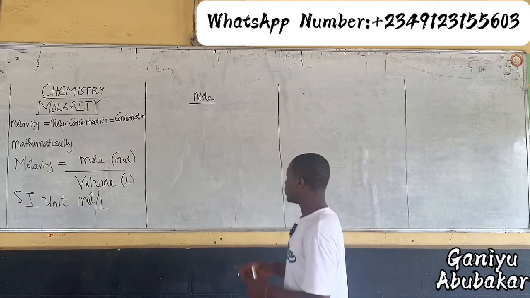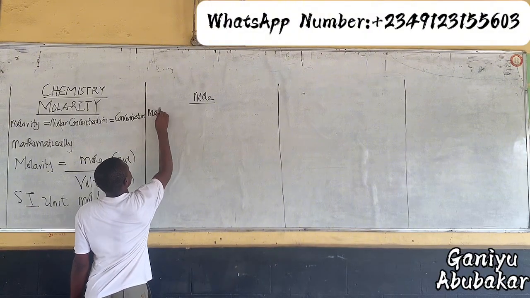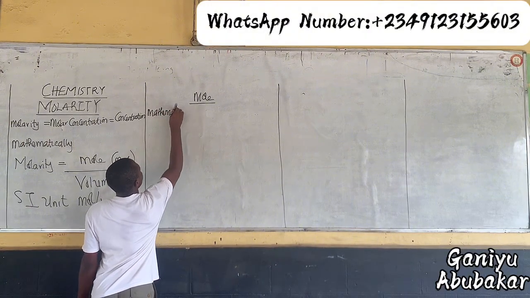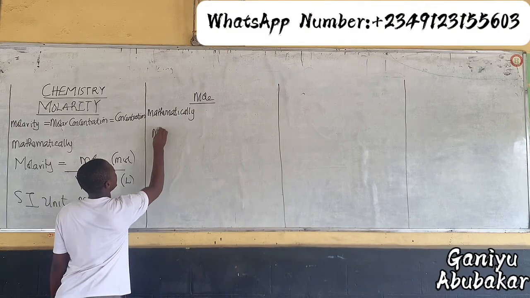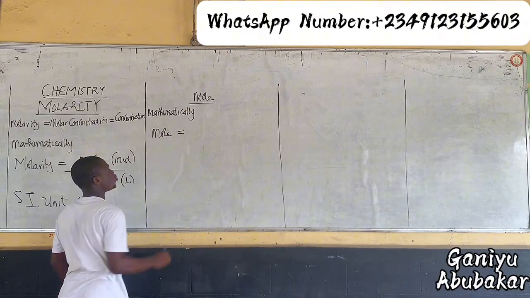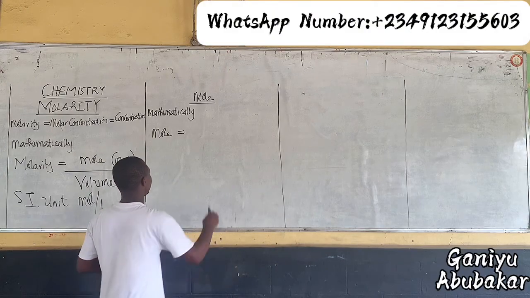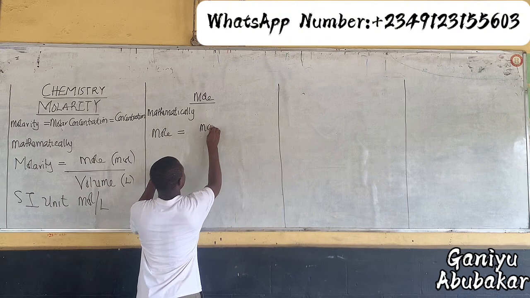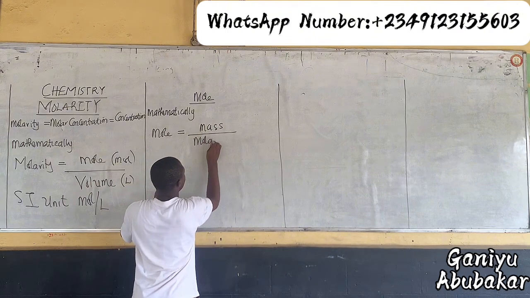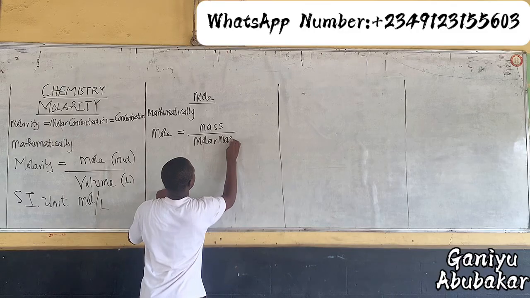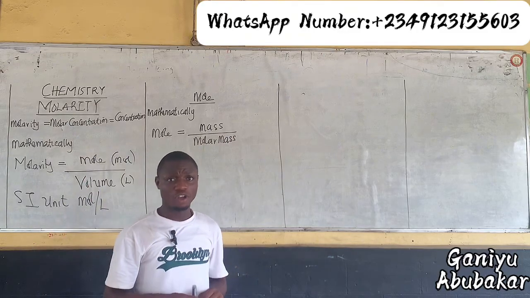So I'm saying that mole, mathematically, is equal to mass over the molar mass. Molar mass is also referred to as relative molecular mass of a compound.